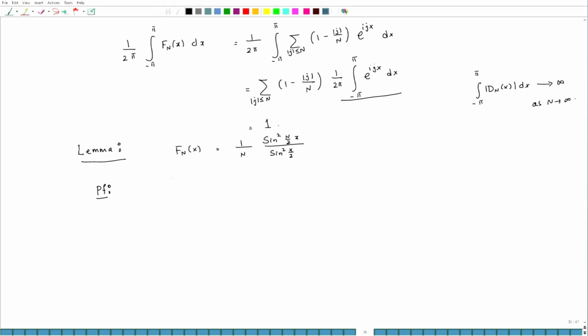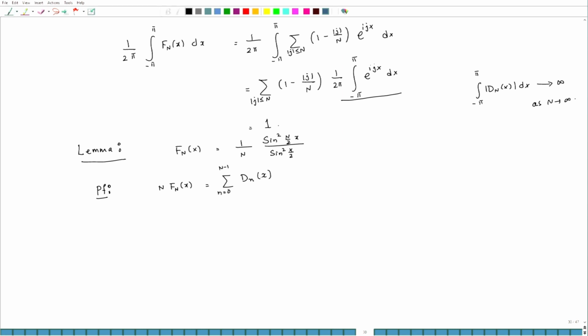Now, n times f n of x, let us write it down. This is equal to the sum from n equal to 0 to n minus 1 of d n of x.